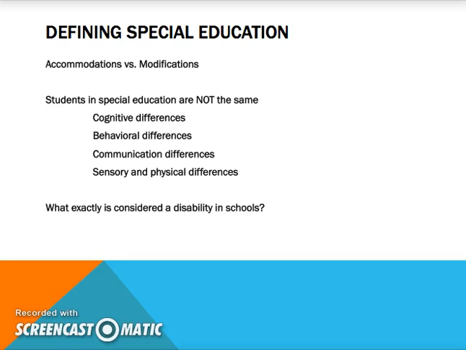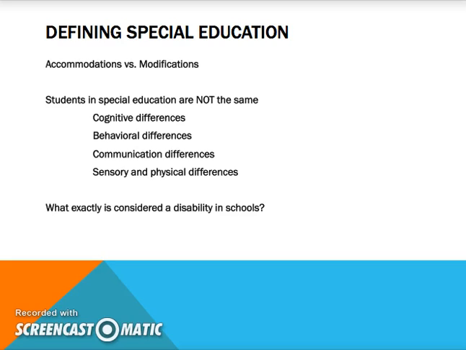If you read in chapter 1, you'll notice that the text talks about students who have cognitive differences. Okay, so maybe students who have a lower IQ, or maybe a student who has a deficit in one area. So maybe they underperform in reading. They might overperform or perform on target in math, but reading is an area of struggle for them.